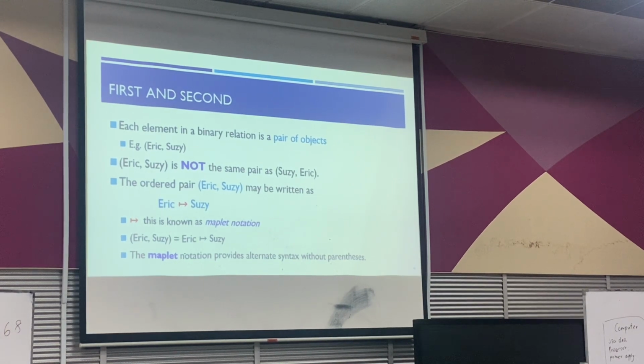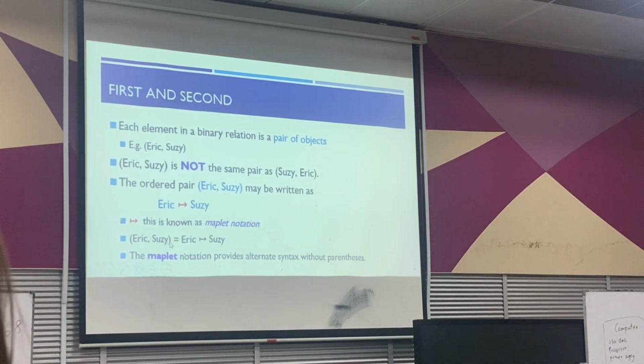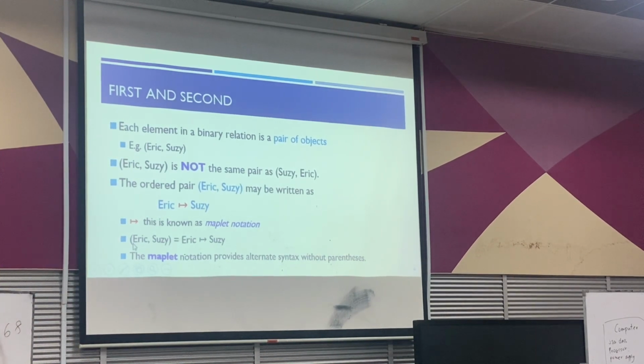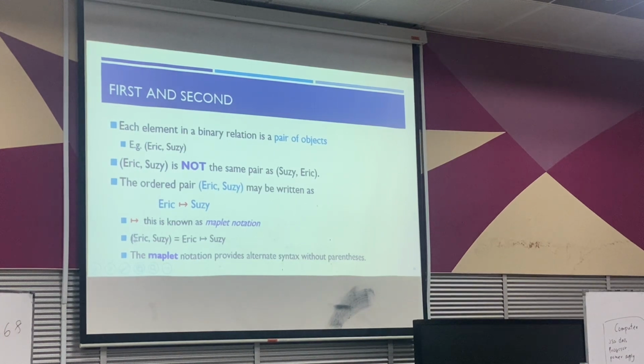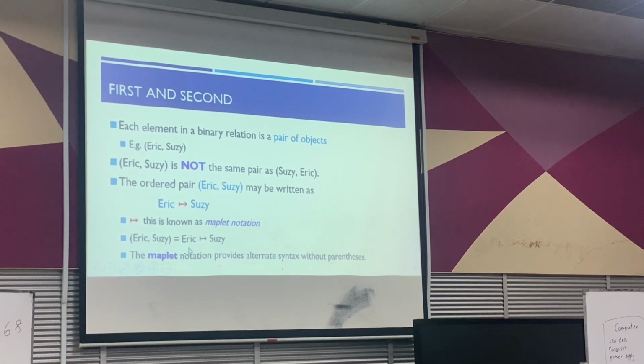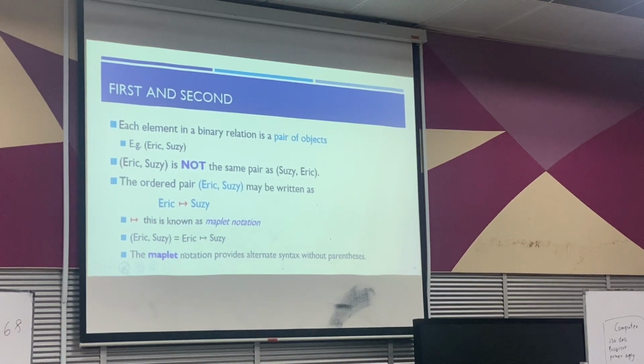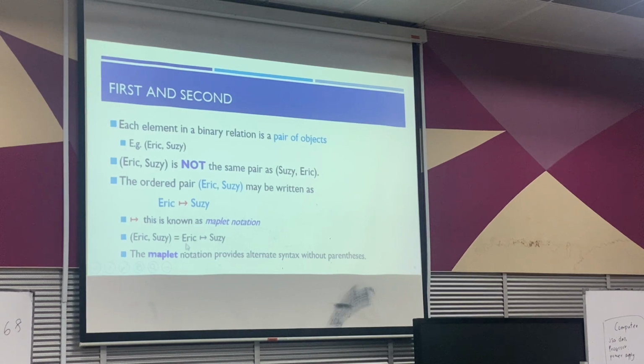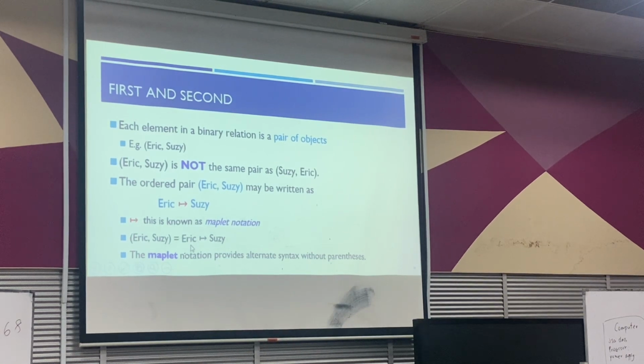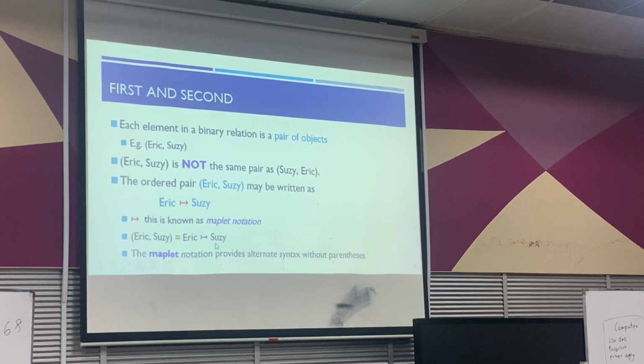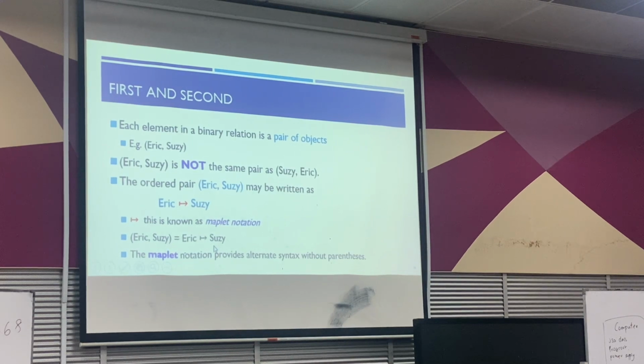For the maplet notation, you don't need to put brackets. For coordinates, you have to put brackets, but for maplet notation, no need for parentheses. Just use the maplet, so automatically we know this is the maplet notation, with the first and the second coordinate.